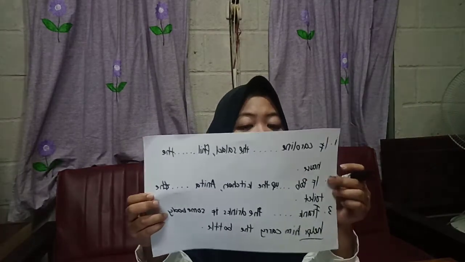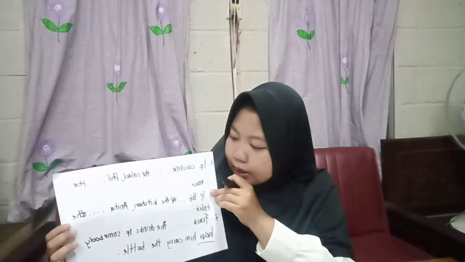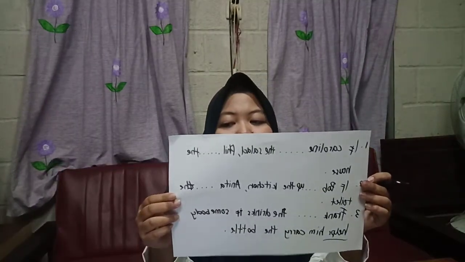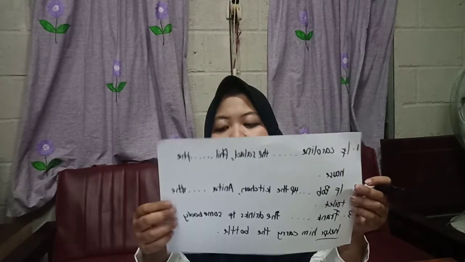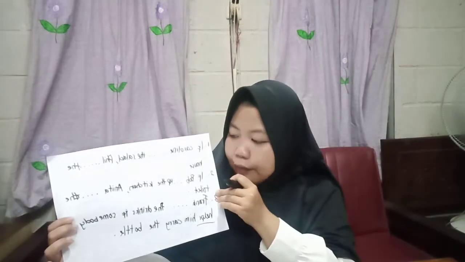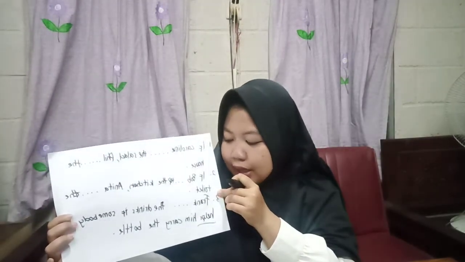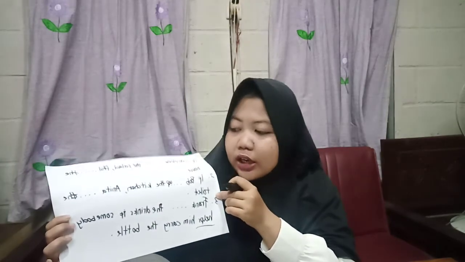The second is, if Bob blah blah blah up the kitchen, Anita blah blah blah the toilet. And the last one is Frank blah blah blah the drinks. If somebody blah blah blah him carry the bottle. You can answer this, and we are going to make the correction in the next meeting.